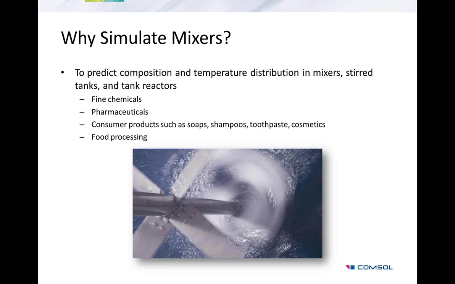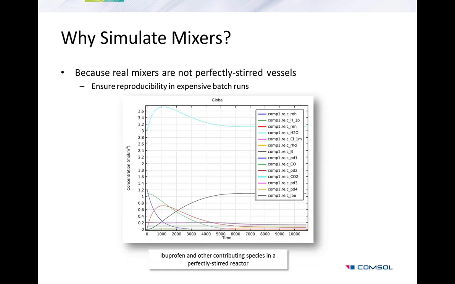But modeling mixers is more for the people that would be using the mixers. This includes the manufacturers of fine chemicals and pharmaceuticals, consumer products, and in food processing. And when you're putting together expensive batch runs of chemical or mixtures, you're not so concerned with saving a little bit of energy consumption here or there. You want to be sure that the product is of high quality and is reproducible from batch to batch.